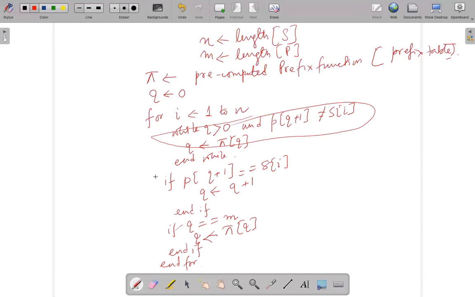And this is the portion which will actually allow you to proceed on the string step by step and accordingly modify the value of Q. So if your Q has become at some point equal to M, then you set Q to pi[Q] and exit. We will see an example to illustrate the situation in a more detailed way.